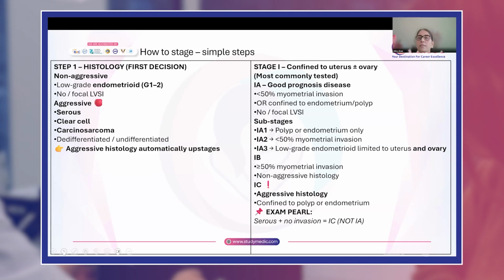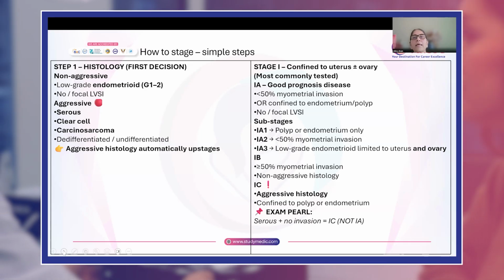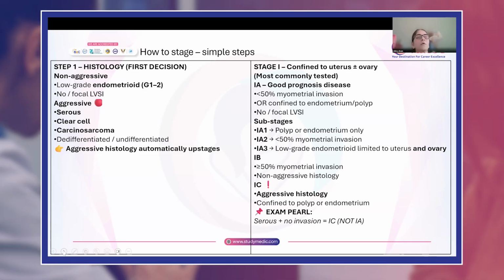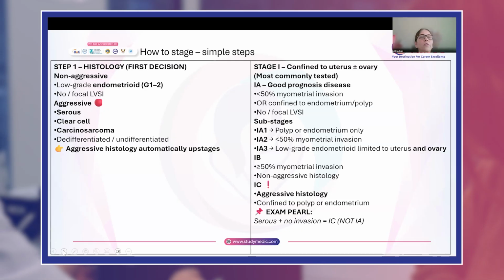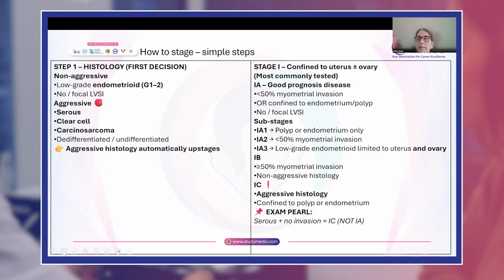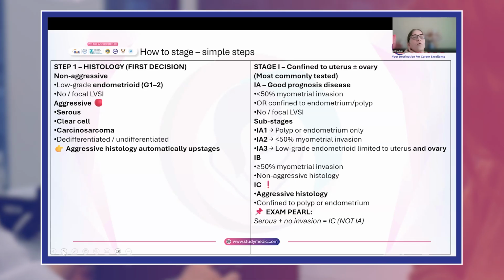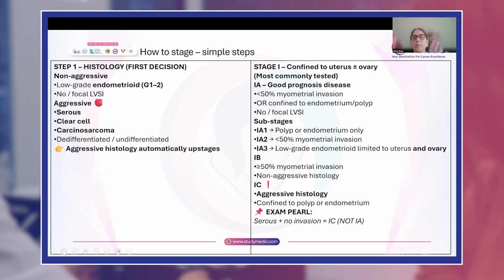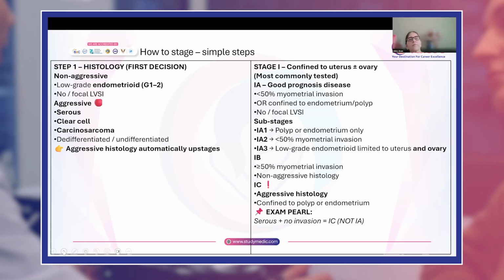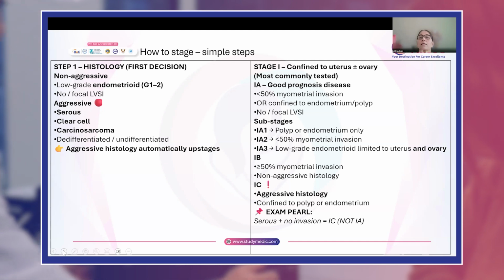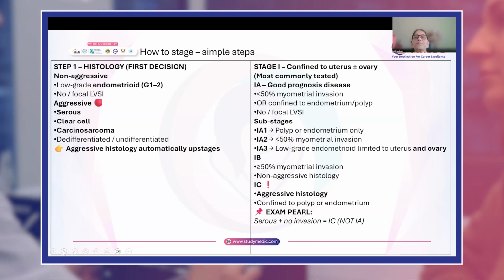See whether it has spread anywhere and whether the LVSI is involved or not. So whenever non-aggressive, we know it is endometrioid, grade 1 or 2, and grade 3 is aggressive, and all the others are definitely aggressive. So whenever histology is aggressive, the staging gets upstaged.